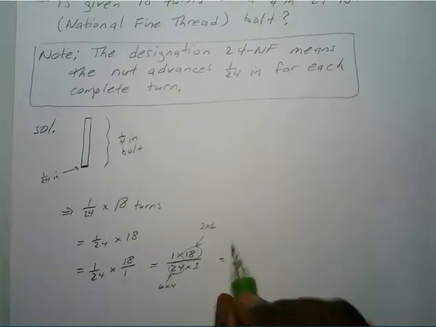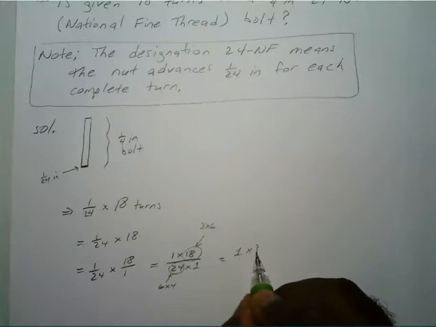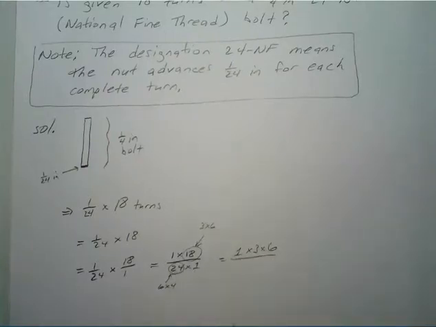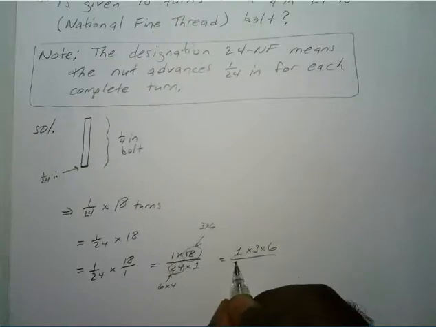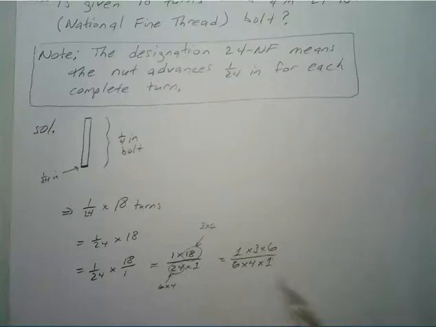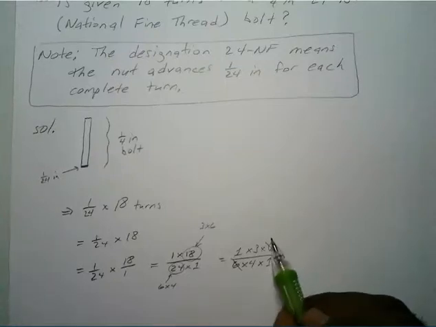So instead of 1 times 18, you have 1 times 3 times 6. And instead of 24 times 1, you have 6 times 4 times 1. Well, you don't really need the 1s there, but they're there anyway. So this 6 and this 6 cancel out and become 1.